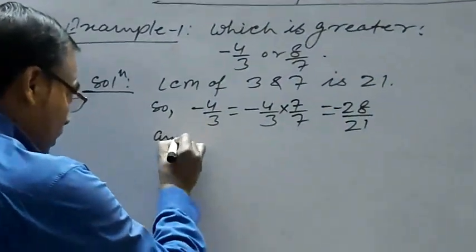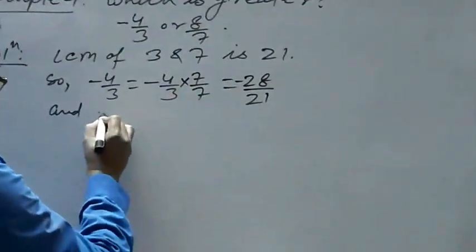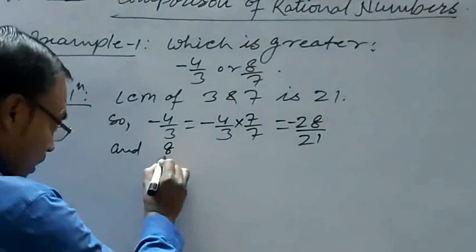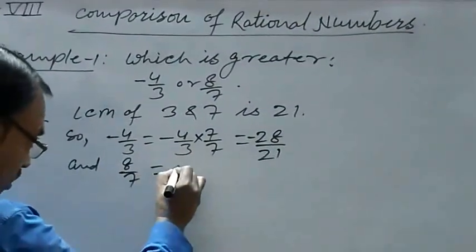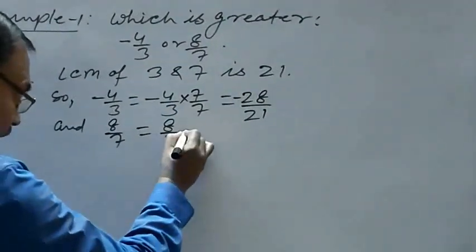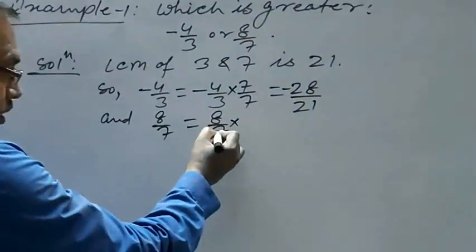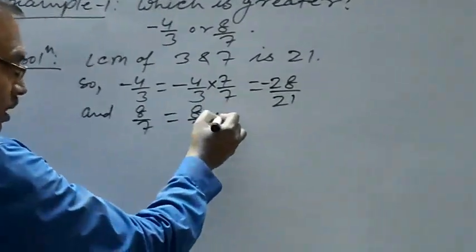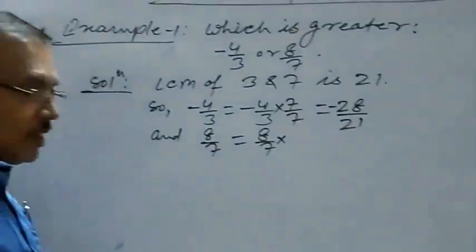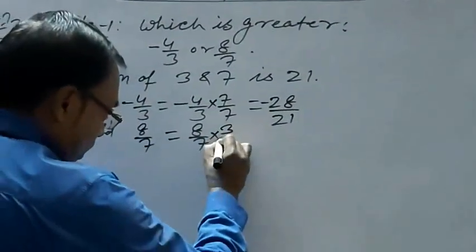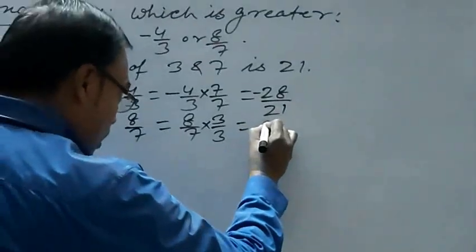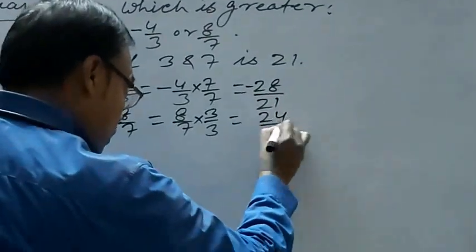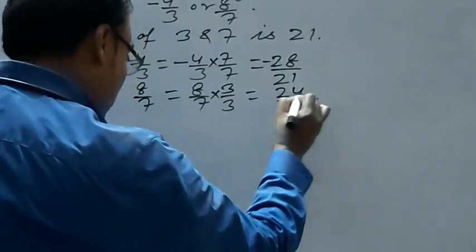And 8 by 7, we multiply both numerator and denominator by 3, then it becomes 24 by 21.